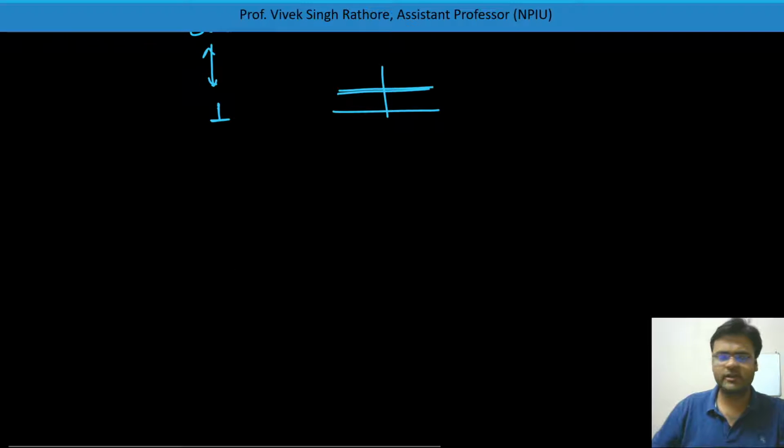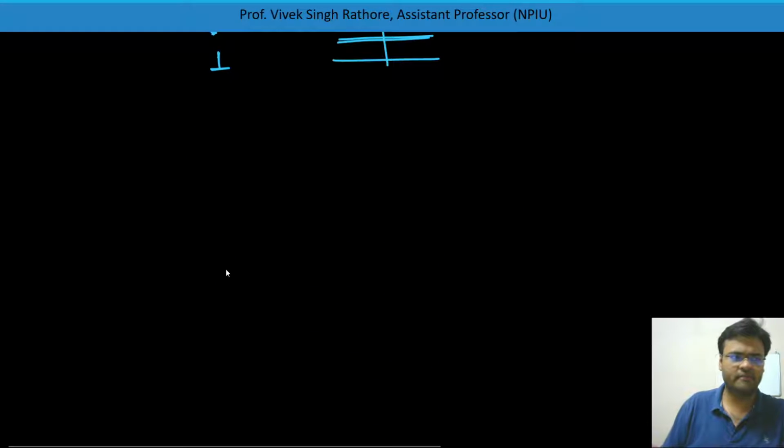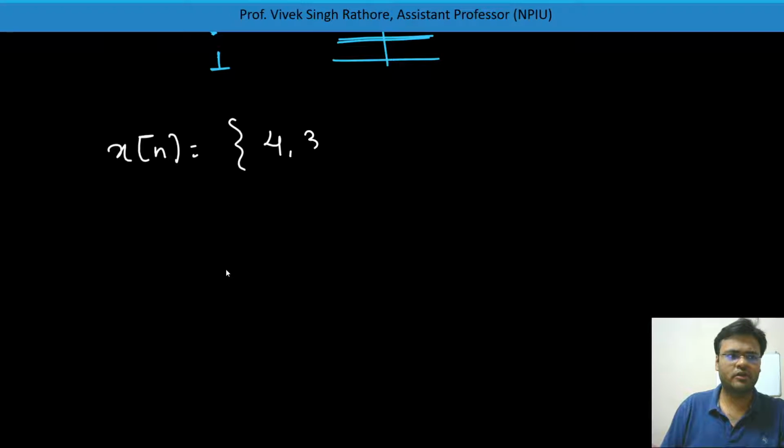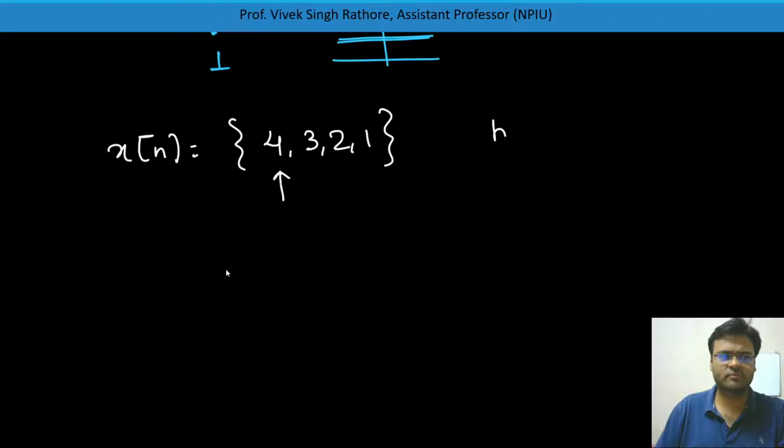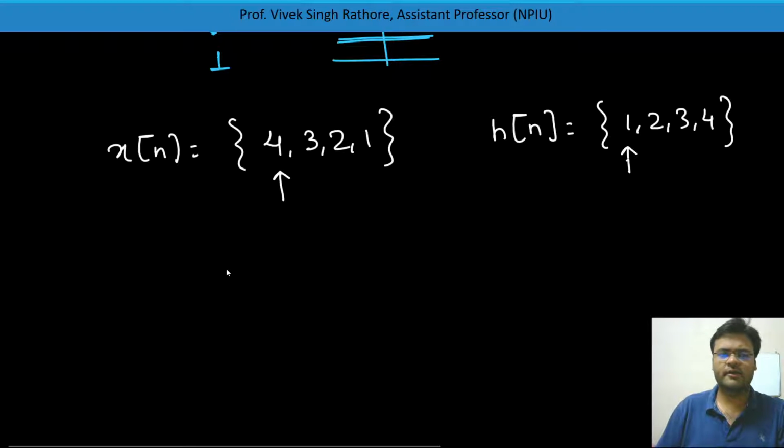The question is given that the input x(n) is, let's suppose, 4 3 2 1. This is your input, and let's suppose your impulse response h(n) is 1 2 3 4. Now you need to calculate the output.